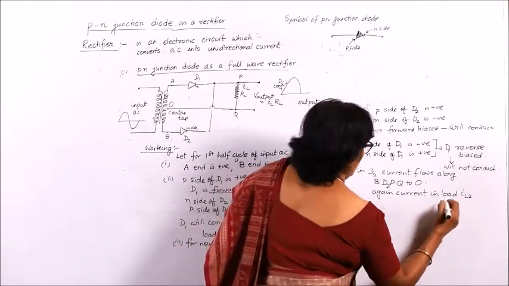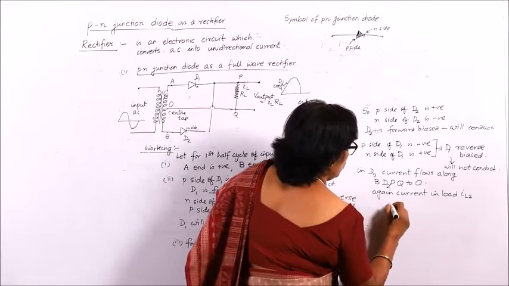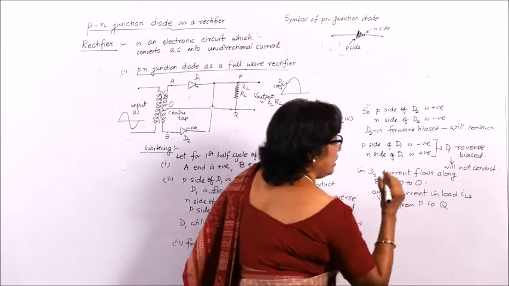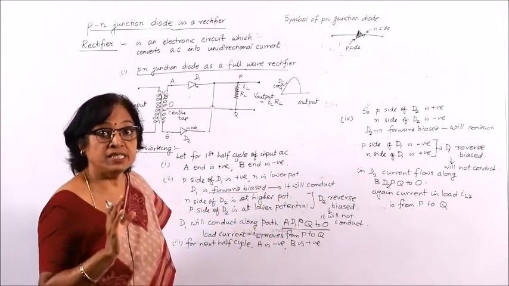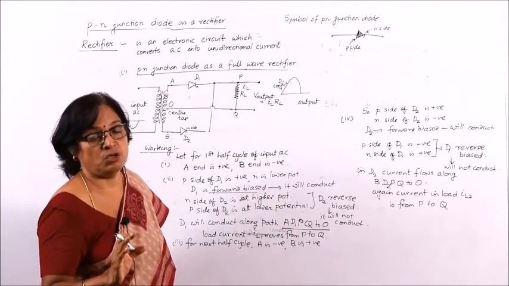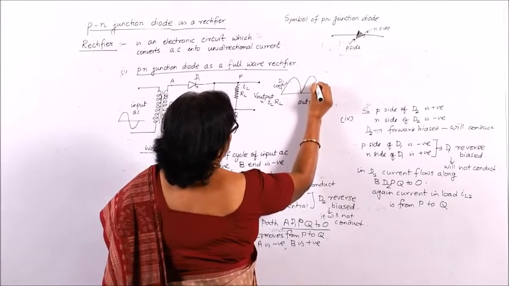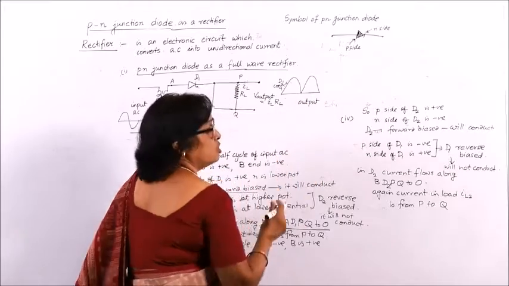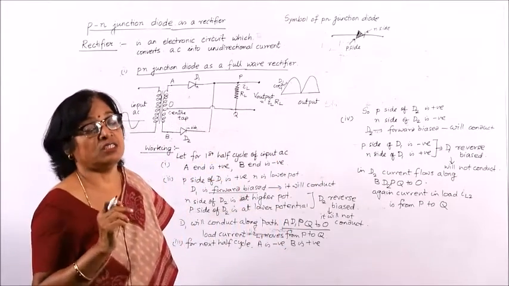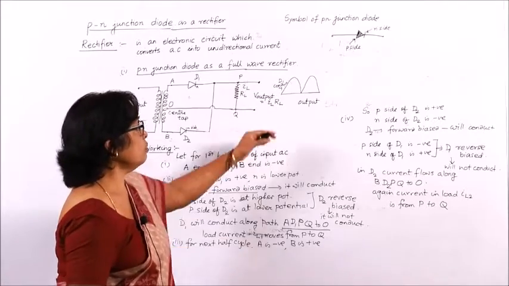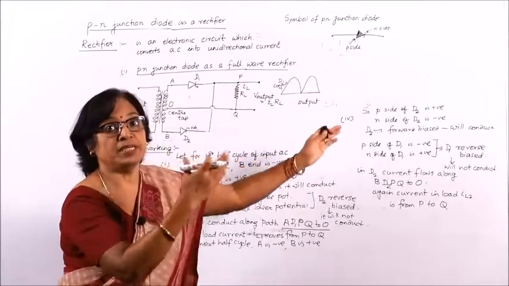IL2 is again current in the load from P to Q. The direction of current remains the same in the load resistance. So, the output will be in the same direction, just in the same way as the AC voltage is changing on the input side. So, this will be the output and this is repeated.